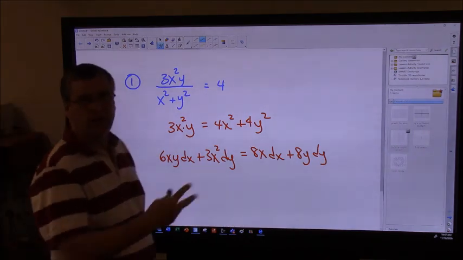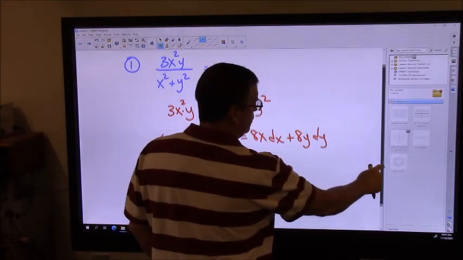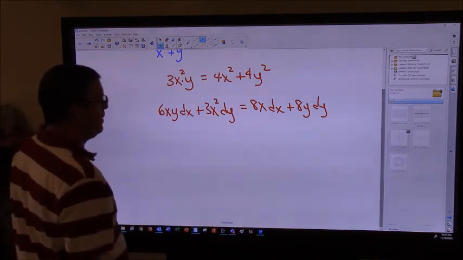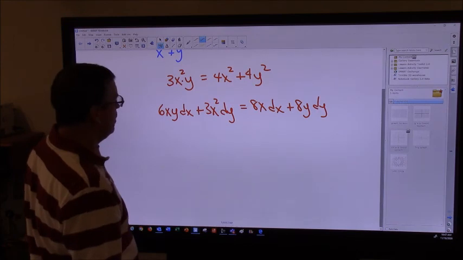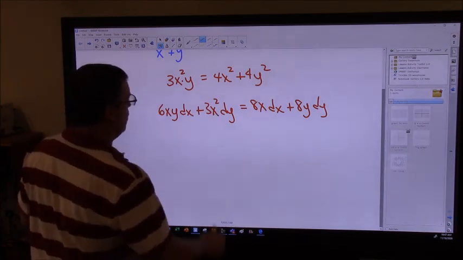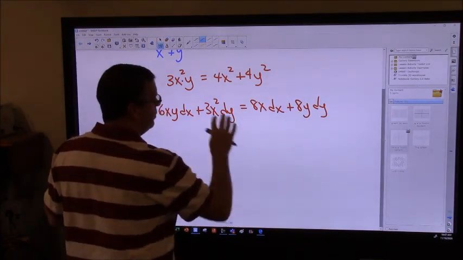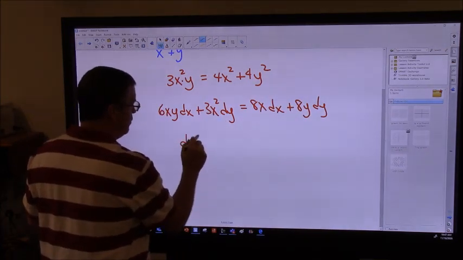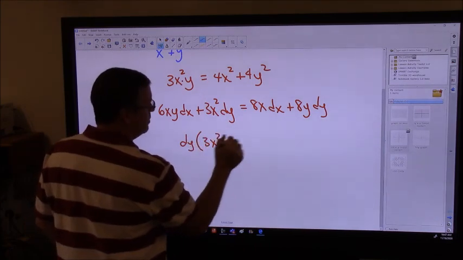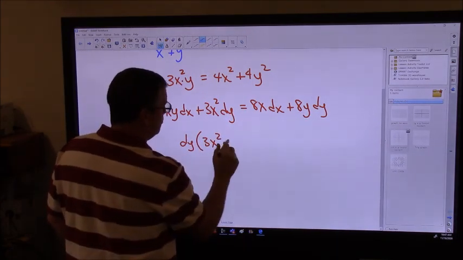So now we need to get all of our x and y stuff on the same side, our dx and dy stuff. So I guess I'll leave the dy on the left. So I'm going to keep this here, I'm going to move this one over. I know I'm going to factor a dy out, so I'm just going to go ahead and do it. This is going to stay here. This moves to the other side and becomes the opposite.